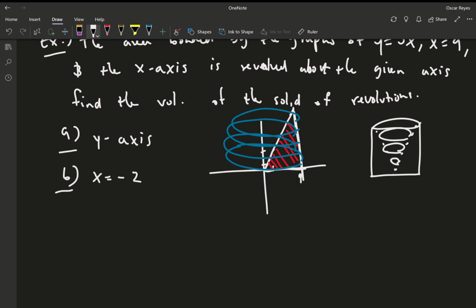So the way we can go ahead and figure this out to find the volume, if we go ahead and dissect this into small pieces, if we were to look at a shape from here, dissect this, and pull this cross section out, our cross section is going to look like this, like a donut or a washer.